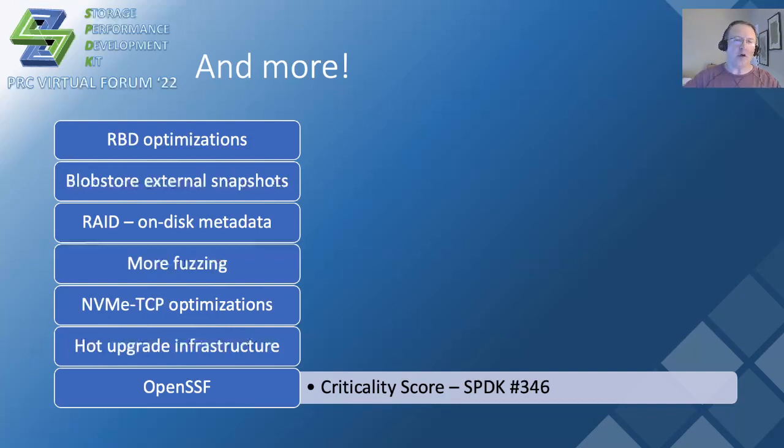When you look at all of the projects they're evaluating, 100,000 projects, including huge projects like the Linux kernel and Kubernetes, SPDK ranks number 346. It's just one metric, but I think it really shows that this community is very vibrant. It's really critical, there are a lot of people using it, and we see that continuing moving forward.